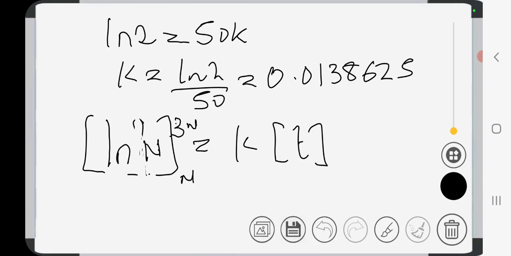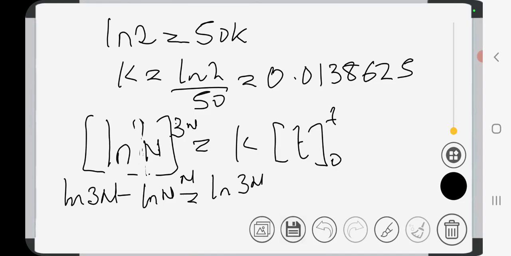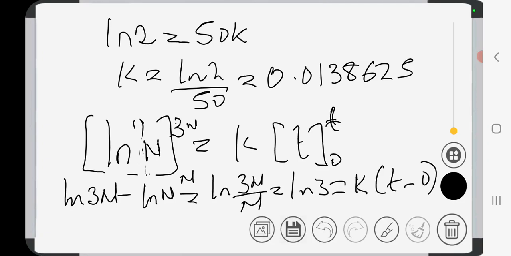The time still goes from 0 to t. When we substitute these limits, it's going to be ln 3n take away ln n. According to the law of logarithm, it means ln of 3n divided by n, which is ln 3. So this ln 3 will be equal to k times t minus 0.